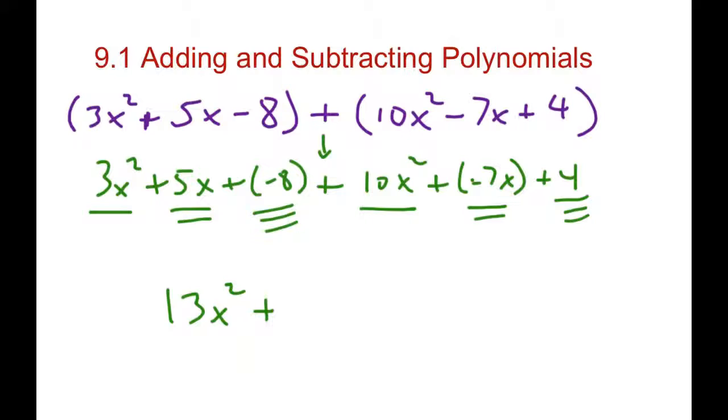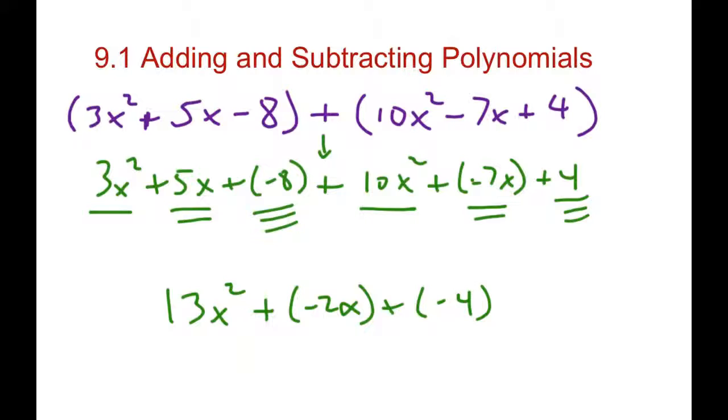Plus, and I know I can put plus here because I've changed everything to plus and negative. So I have all addition. 5x plus negative 7x is negative 2x. Plus negative 8 plus 4 is negative 4. Okay.